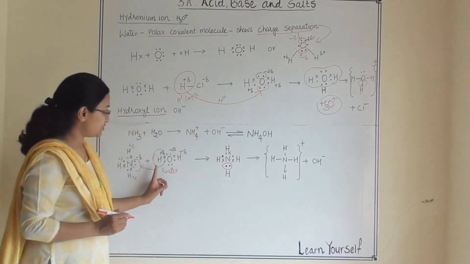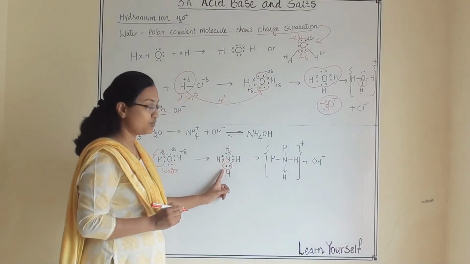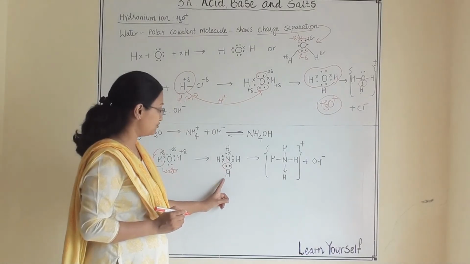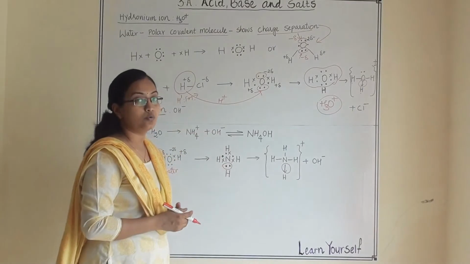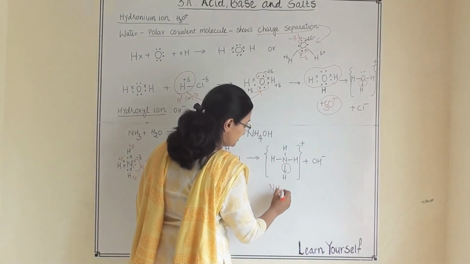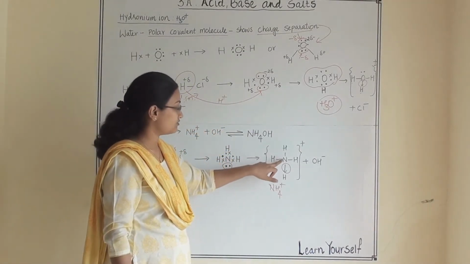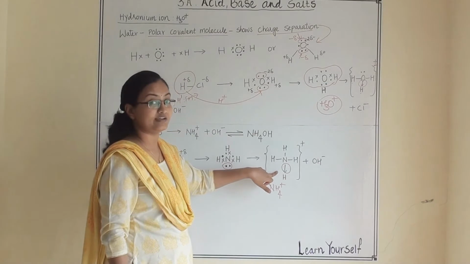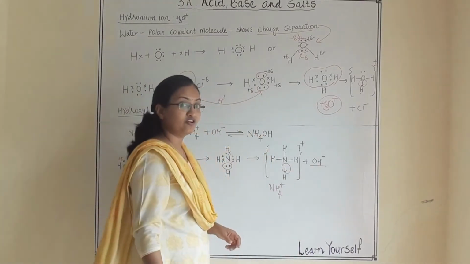Since this is H plus, it doesn't have any electron, so the nitrogen will donate its 2 electrons to hydrogen, and that's why they form a coordinate covalent bond. This NH4 plus will carry a positive charge because nitrogen has donated both the electrons, and the OH minus will be left behind. From where?